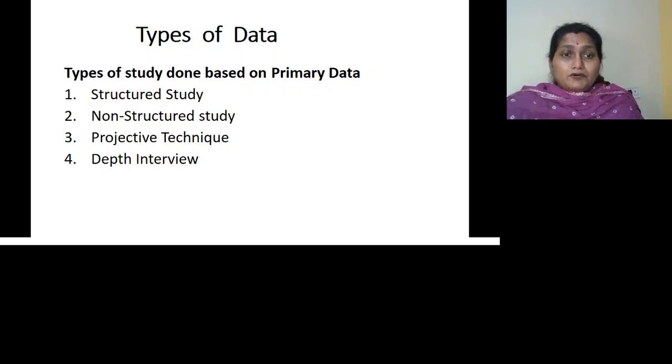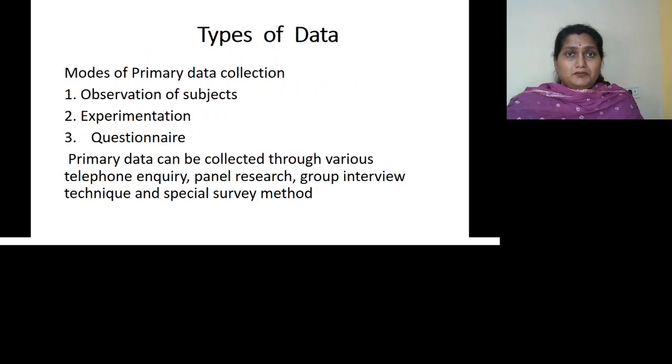The objective of depth interview is basically for getting a deeper insight into specific decisions. So these are the types of study done, and similarly you have the particular type of questions prepared.